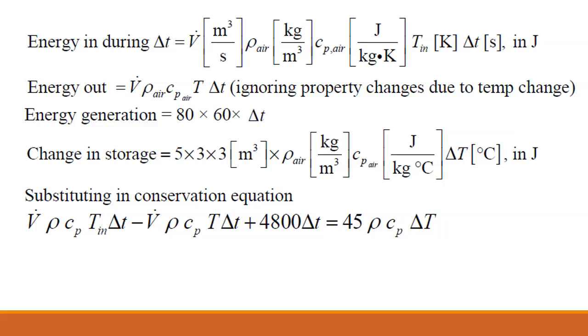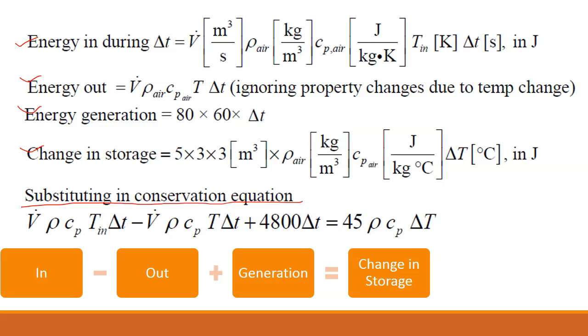So now we are ready to put everything together. These are the four terms that we calculated. We now substitute in the conservation equation, meaning the in minus out. So this is my in, and likewise this is out.